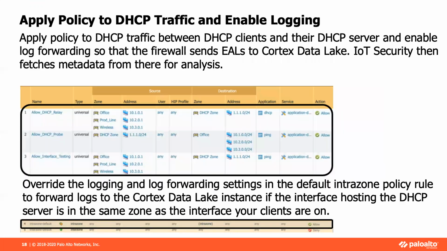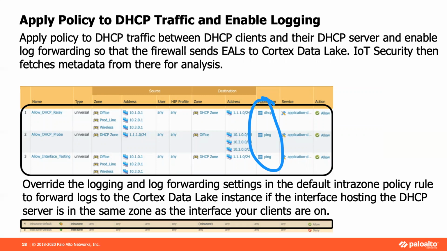Then, in order to receive these logs, we need to see traffic generated by these DHCP requests or probes or the devices online. So we need security policy rules to capture both DHCP and ping information and stuff like that, as well as the traffic information from these IoT devices.